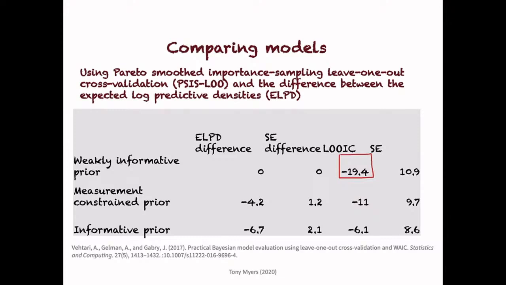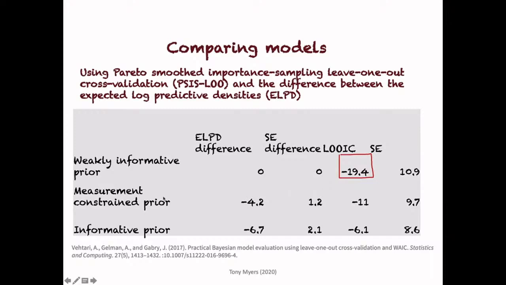LOOIC is similar in that way to AIC, the Akaike information criterion, if you are used to comparing traditional models. So the weakly informative prior seems to be the best model, which is a bit different from what we came out with for the Bayes factor. Now, comparing the expected log predictive densities, what I'm interested in is not just the difference, but also how this difference compares to the standard error of the difference.